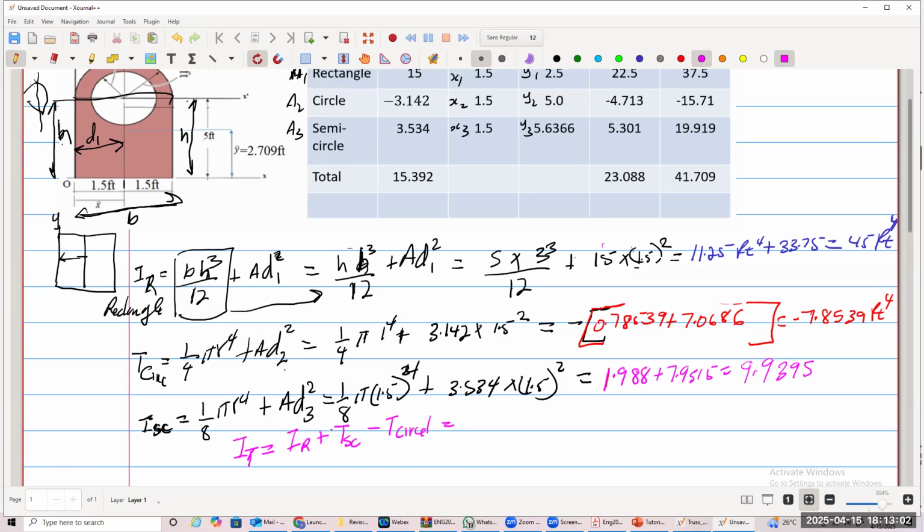So what we have here now will be 45 plus 9.9395 minus 7.8539. How much is that value? Give me that value. Not working though. Somebody work it out and give us the final figure, please.